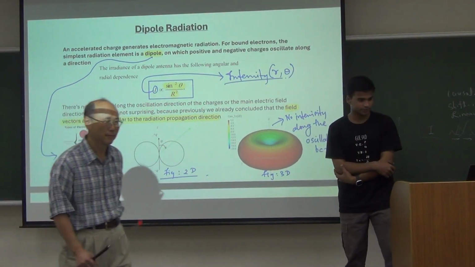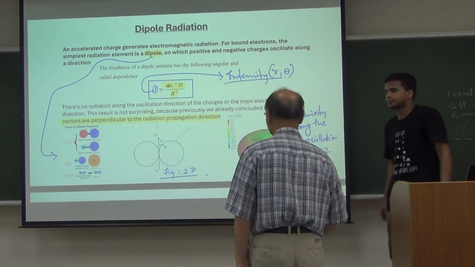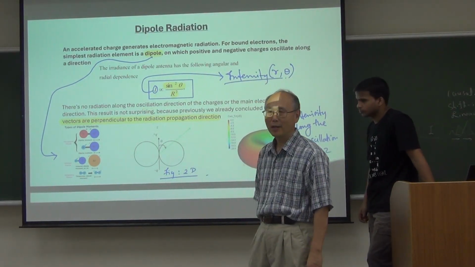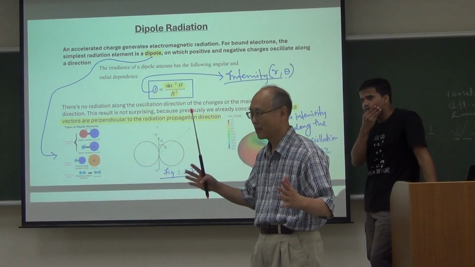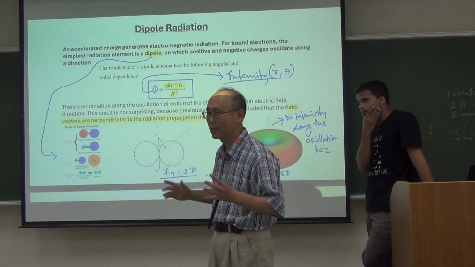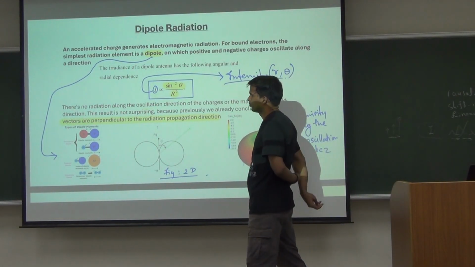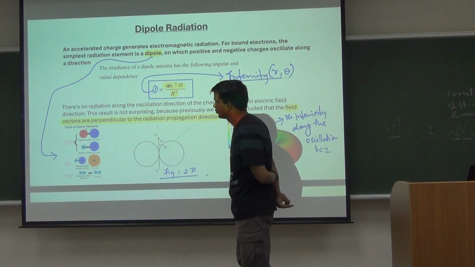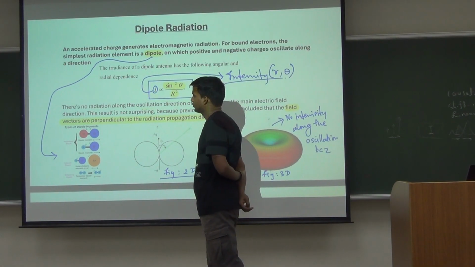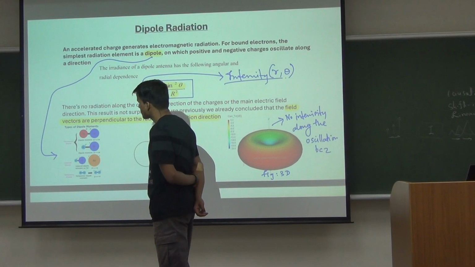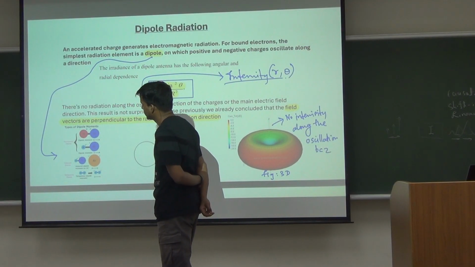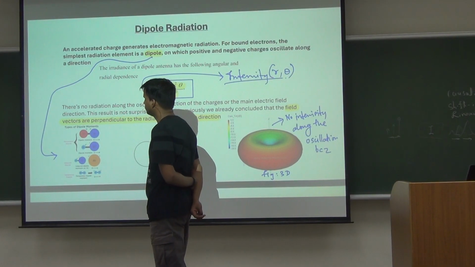Very good question. But sometimes, if you put this cycle into some boundary conditions, and the boundary condition only allows radiation along this direction, then under certain conditions you don't have this. Okay, but that is a specific condition. You have oscillation along this direction, but you are not allowed to have this radiation, then you can only observe this radiation.